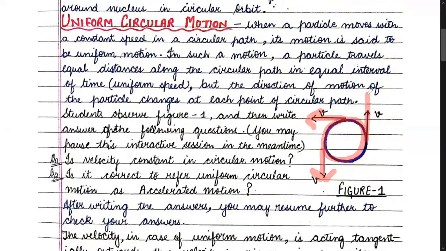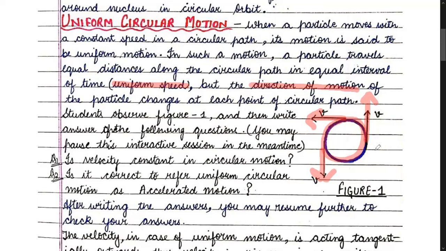Even if the magnitude of speed is constant, the direction of velocity is different. So even when you have uniform speed, the direction of motion, by which I mean velocity, changes at each point of the circular path.